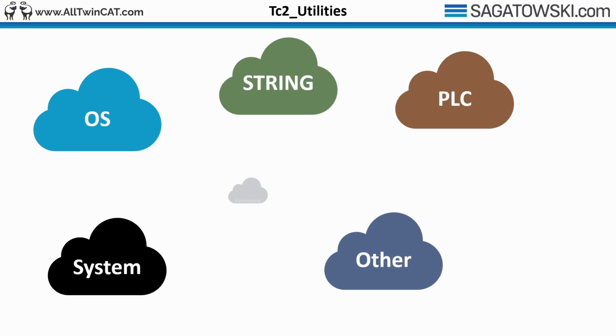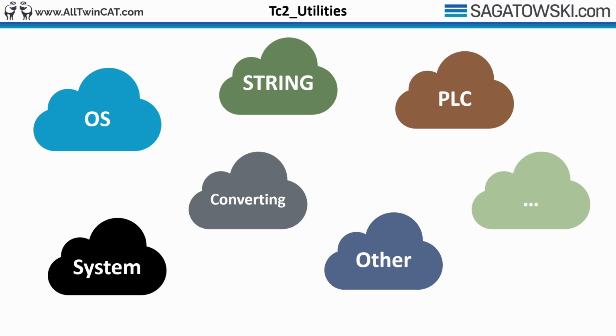There are various types of functions in the TC2 utilities library. We have, for example, operating system functions, PLC functions, string functions, system functions, scope functions, converting functions, float functions, licensing functions, and a lot more.